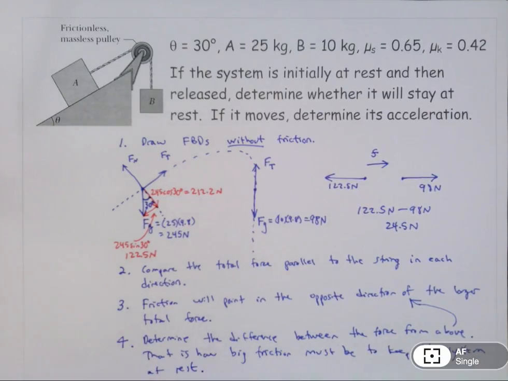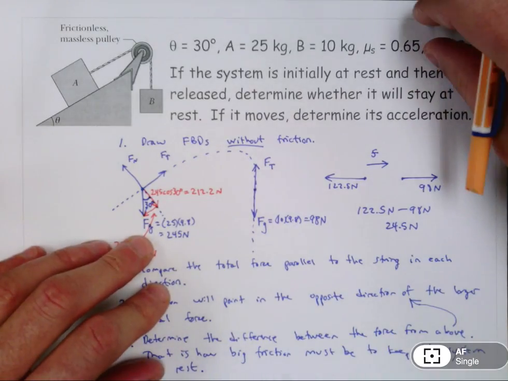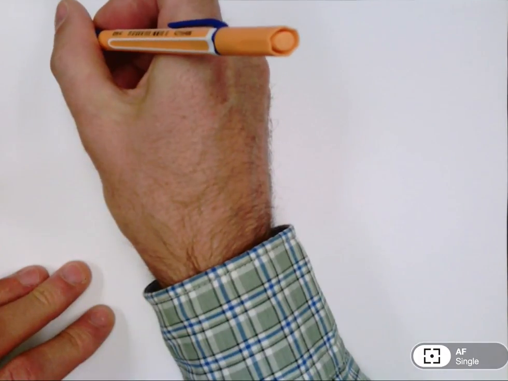Now, we are not done because maybe friction can't be that big. Remember, we're dealing with static friction here. Static friction has a maximum possible value, and it's possible that the maximum possible value of static friction can't handle as much as 24.5 newtons. So that's our next step. Our next step is to determine the maximum possible static friction force.